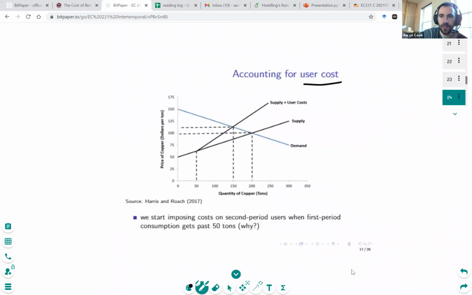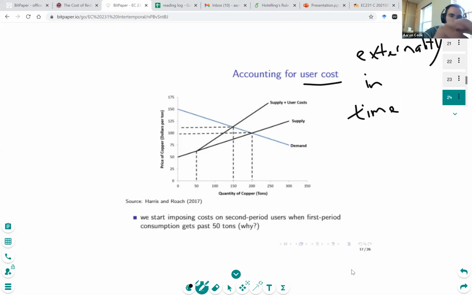If you remember the formal definition, it's the opportunity cost of consuming something today, which implies that you have less to consume in the future. So consuming more today is, in effect, imposing an externality on your future self in a way. That's one way of thinking about it.